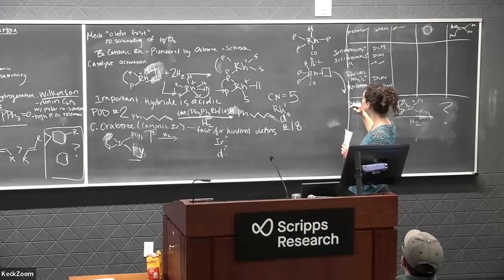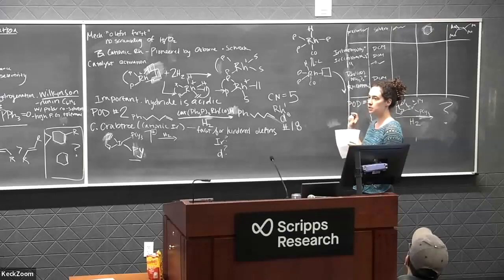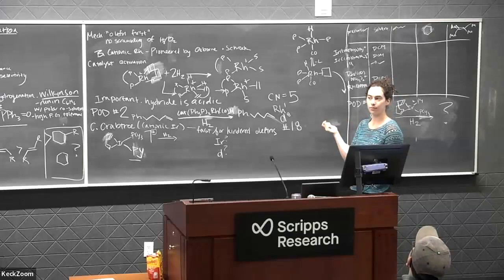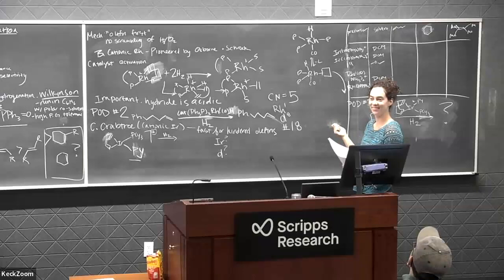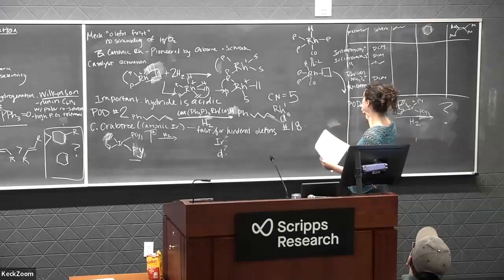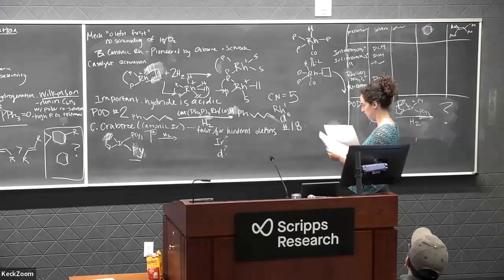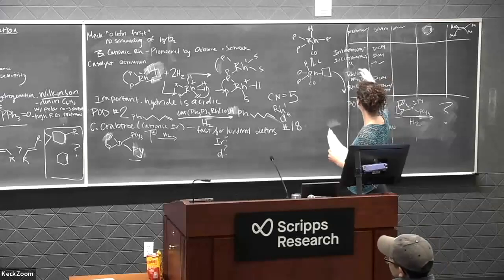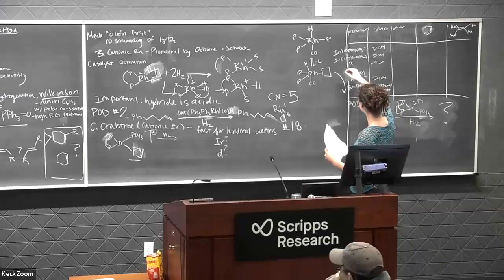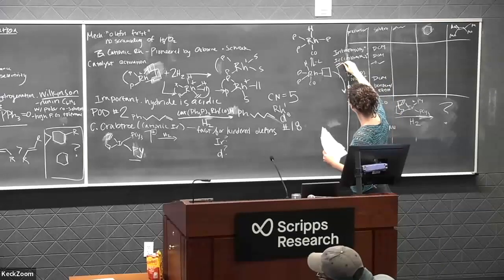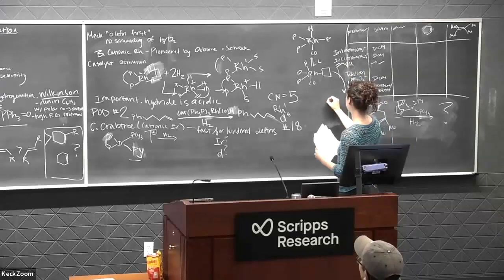So what might happen first? Coordinate the alkene. Okay, so that is one option. Yep, so we can coordinate the double bond and form this.